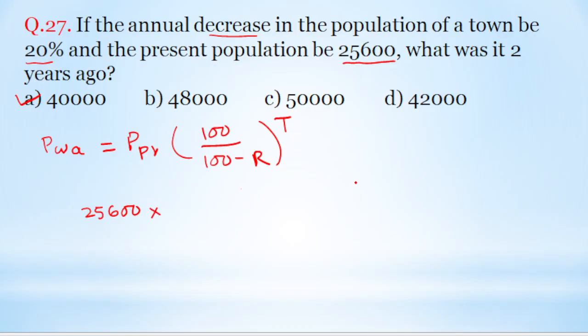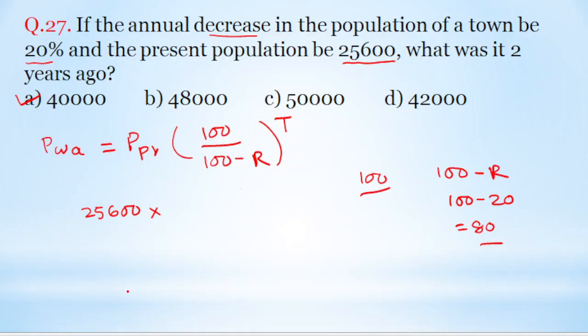Now in percentage type of question, one factor is 100, and here as it is decreased, so another factor is 100 minus R. Now here R is 20, so it is 100 minus 20, that is equal to 80. That means we have to multiply by a fraction, and in that fraction one value is 100, another value is 80.